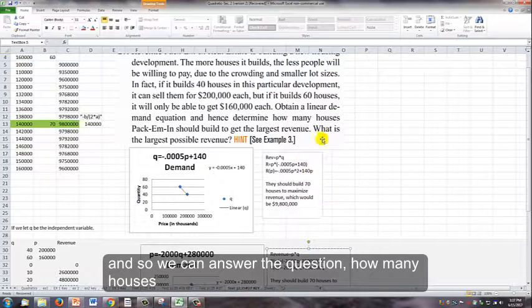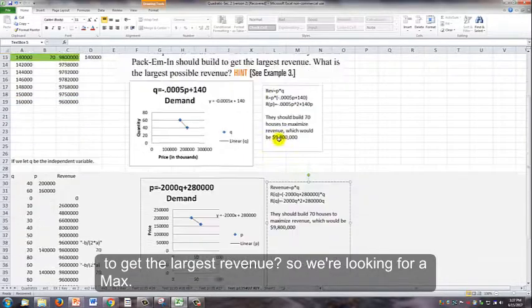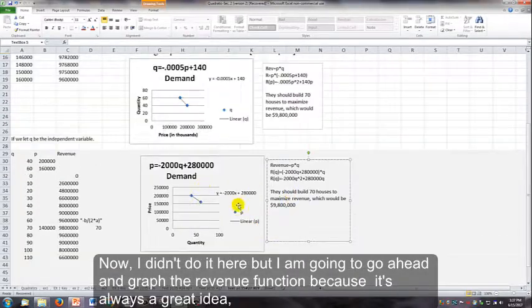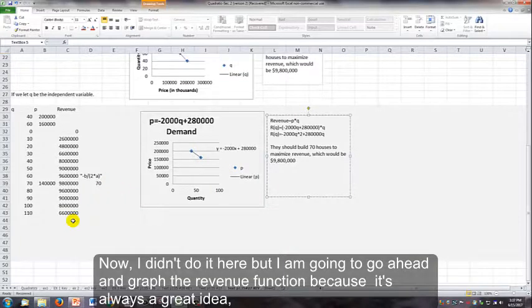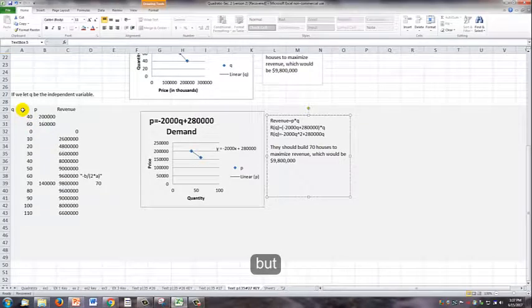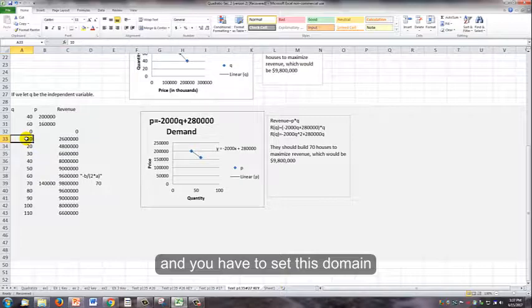And so we can answer the question, how many houses to get the largest revenue? So we're looking for a max. Now I didn't do it here, but I'm going to go ahead and graph the revenue function because it's always a great idea. But before I do that, let me show you what we'll do next. You want to put this function in, so that's what I did here. And you have to set this domain.